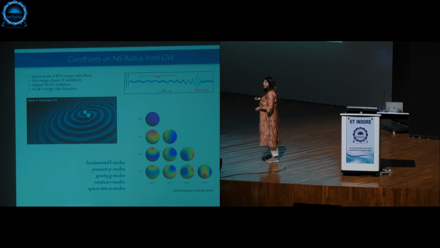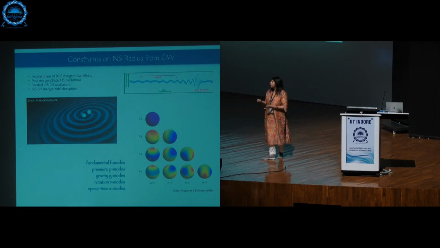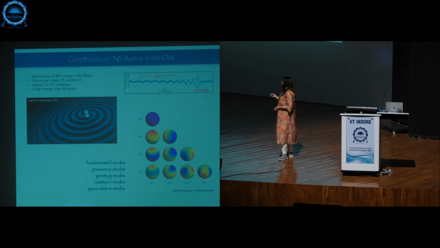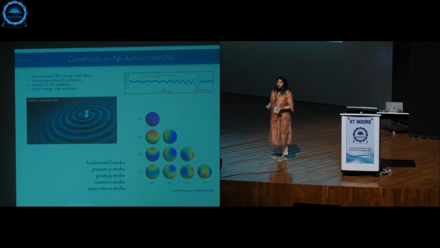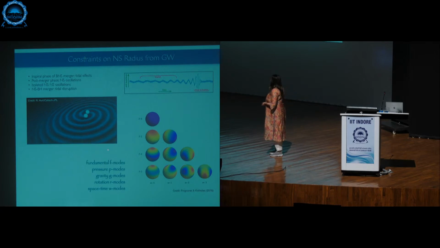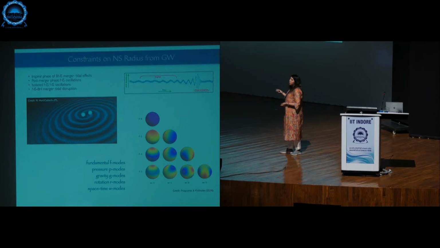Also for isolated neutron stars, as I mentioned, such perturbations could be generated. This is something that is already very well established in solar physics or in stellar physics. In addition to the different kinds of oscillations that are seen in solar helioseismology or stellar seismology, we have already seen such kind of quasi-normal modes.